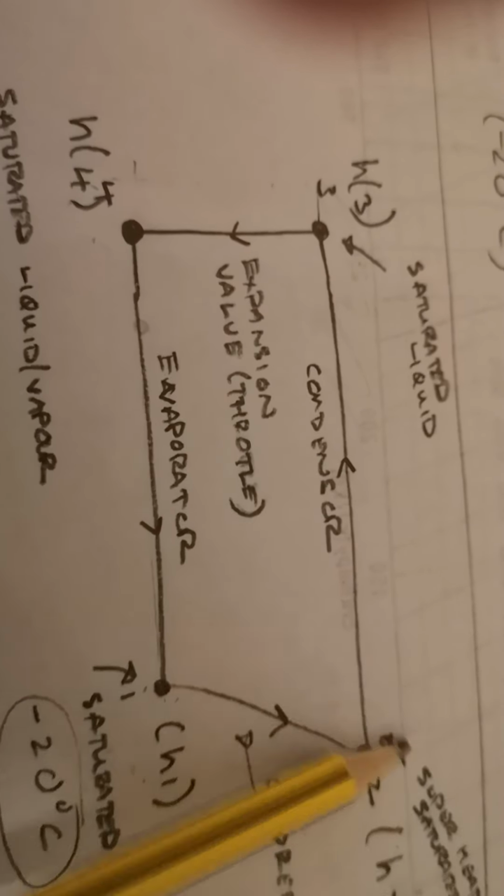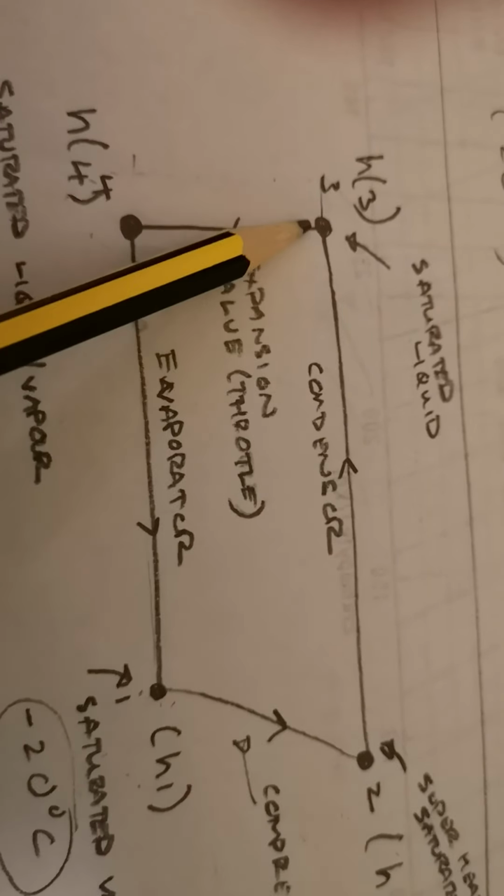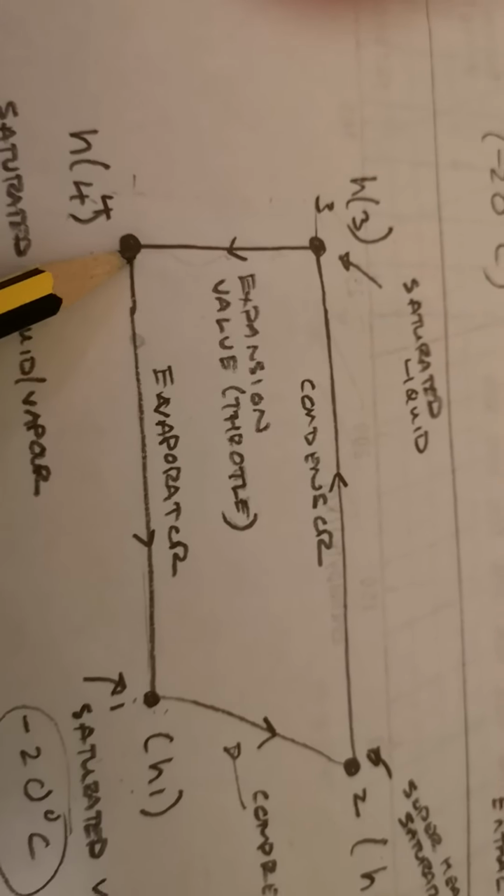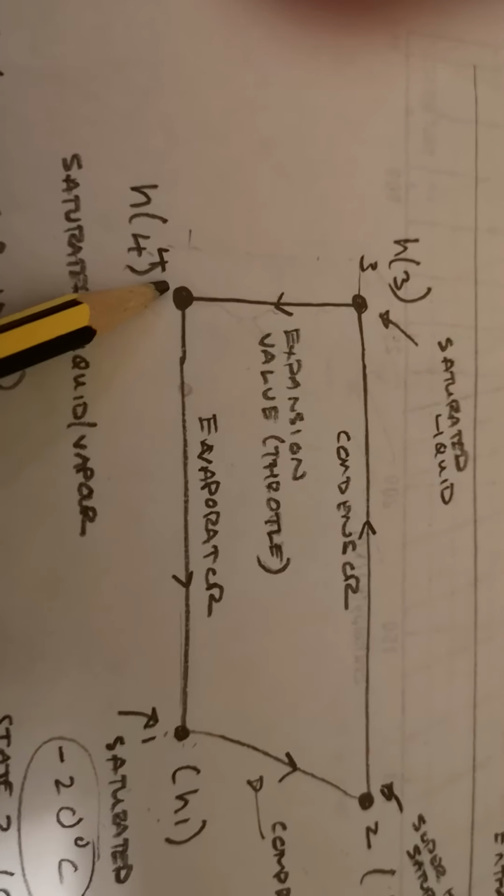Then from here it gets cooled along here. It goes back into liquid form by the time it gets to here. The temperature decreases substantially by the expansion valve, because it's still quite hot by the time it gets there.